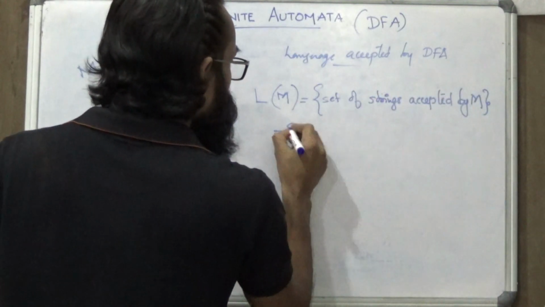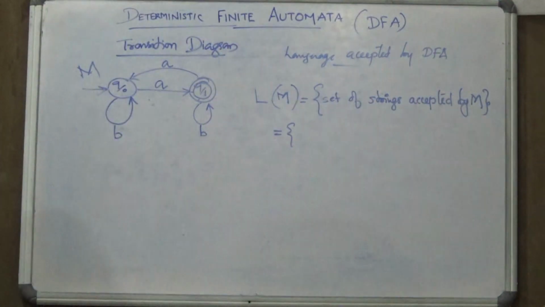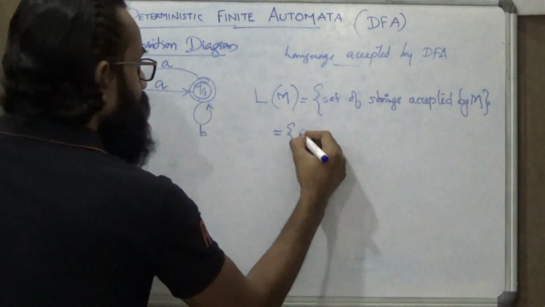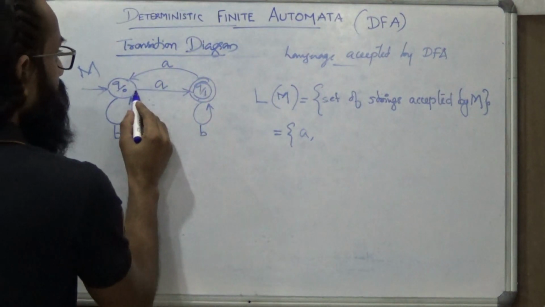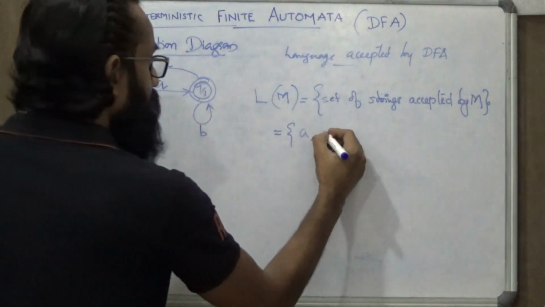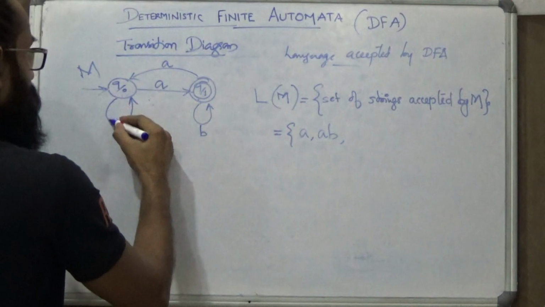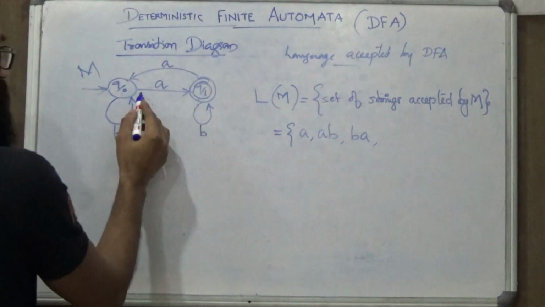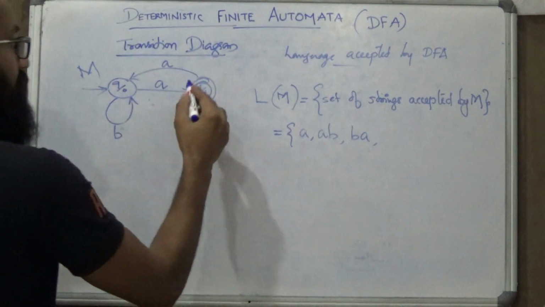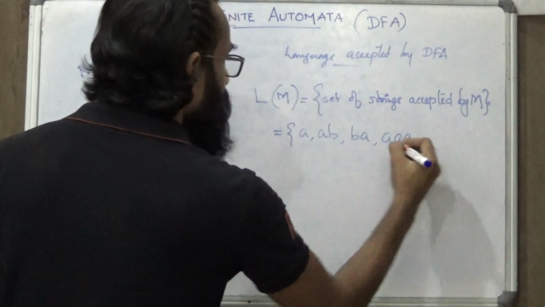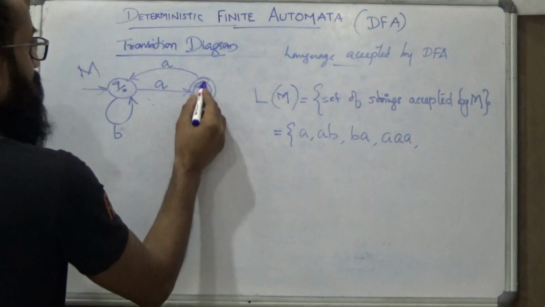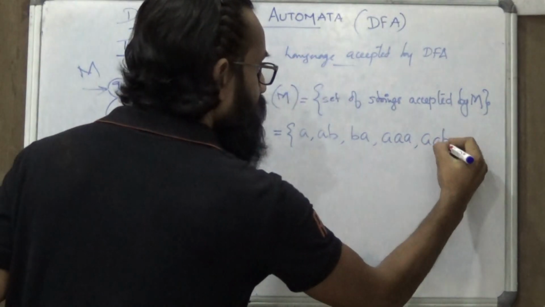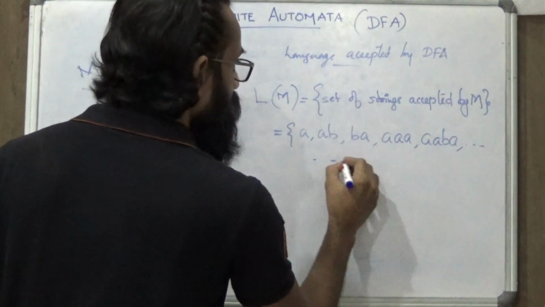So what about the set of strings accepted by this machine? If we look into this machine, it accepts A. It accepts A, B. It accepts B, A. It accepts A, A, A. It accepts A, A, B, A. And so on.